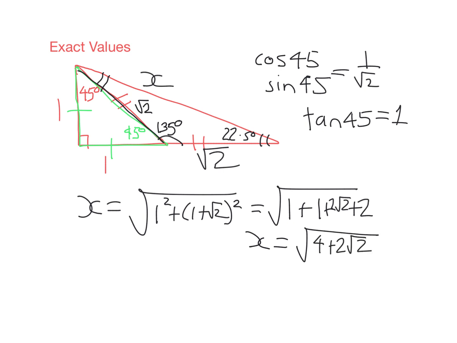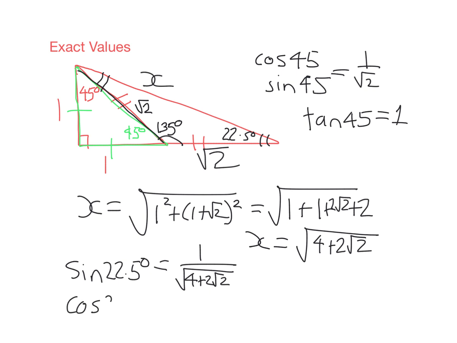So we can easily come up with exact values of sine, cos, and tan of 22.5 degrees. Let's start with sine 22.5 degrees. It is opposite over hypotenuse. So it's 1 over the hypotenuse, which we figured out was root 4 plus 2 root 2. Now this could be simplified, but we won't go further with that here because the point here is the trigonometry, not to get bogged down in calculations involving surds. So let's go ahead and calculate the exact value of cos 22.5 degrees.